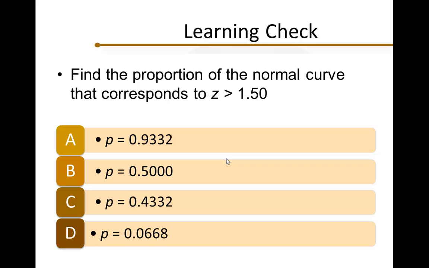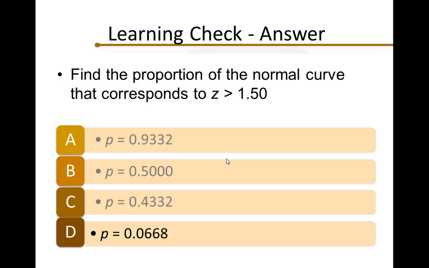So the proportion of the normal curve that corresponds to a z of 1.50. If you look in the table and you find a z-score of 1.50, okay, you'll see the proportion of the normal curve that corresponds to a z of greater than, okay, that's the key piece, greater than 1.50.